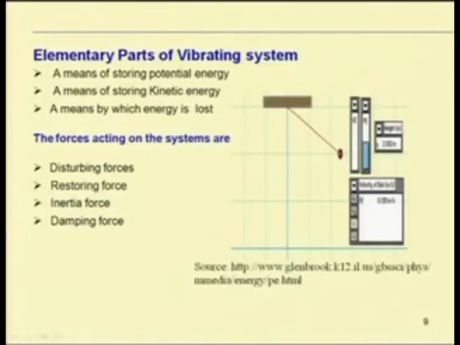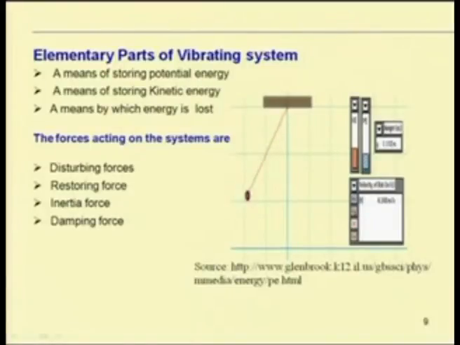When we apply a disturbing force, the system moves from the equilibrium position or some initial position to a particular position where the velocity is 0. Now due to the restoring force it comes back to the equilibrium position where the velocity is maximum, and again due to inertia force it goes to the other side.